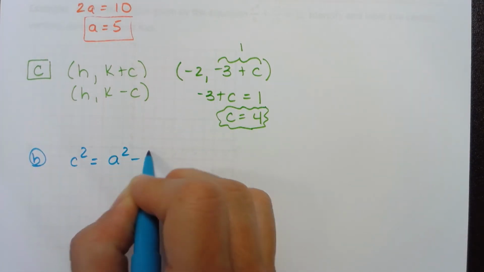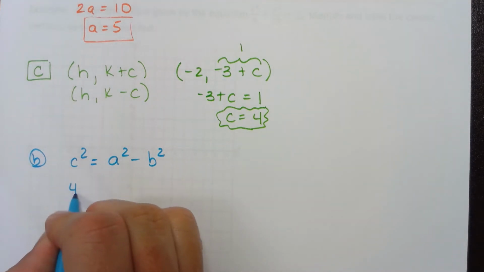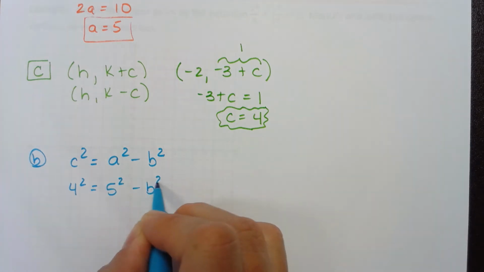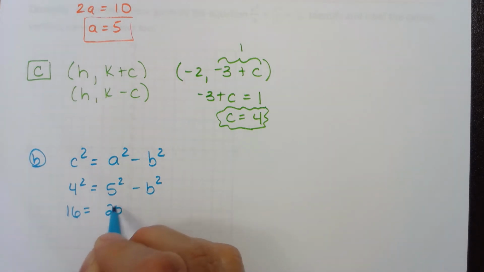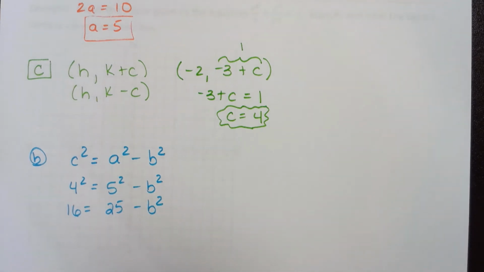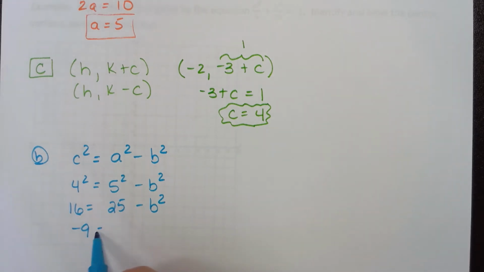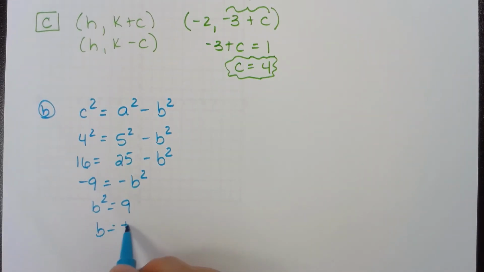So c squared, that's 4 squared, a is 5, and we're looking for b. So we have 16 equals 25 minus b squared. 16 minus 25 is going to be -9. So b squared is equal to 9, which means b is equal to 3. So now we know b.